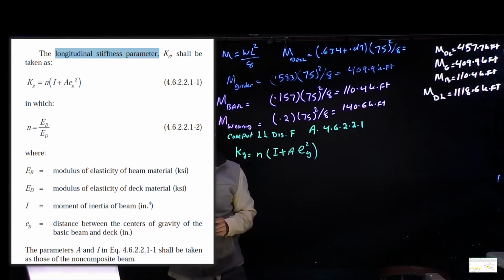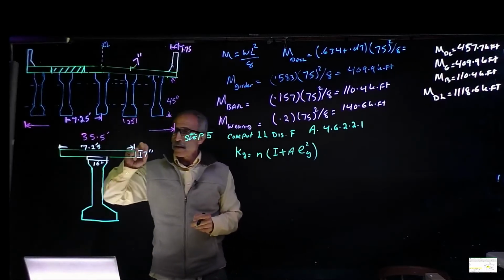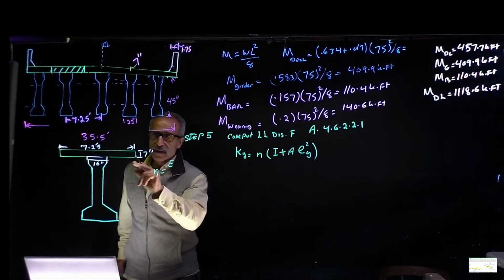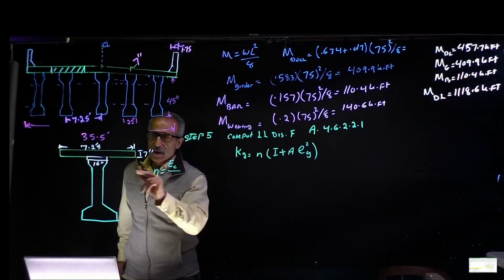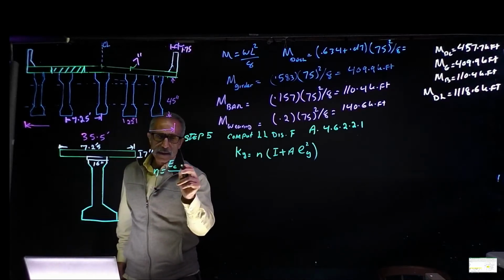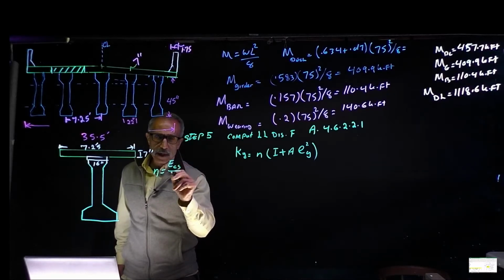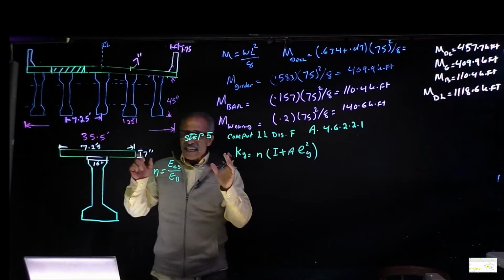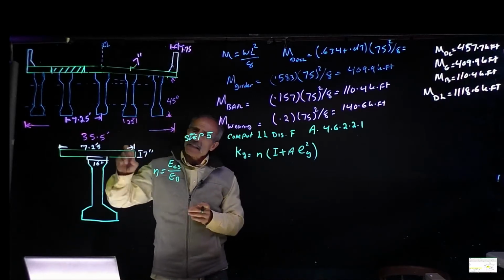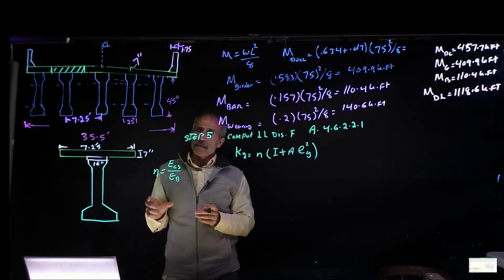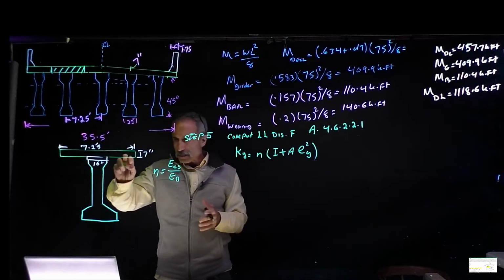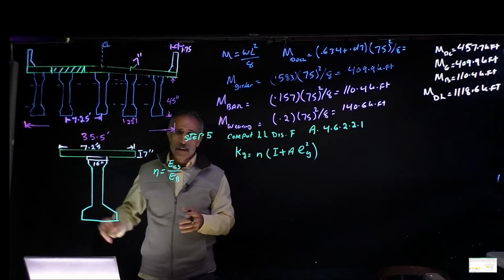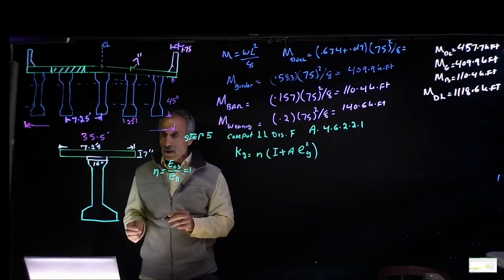Now, our n is the modulus of elasticity of the concrete over the deck, Ec of the slab or deck, divided by the Ec of the beam. In the design criteria, we said they're both 5,000, which in real life you don't do. This would be 5,000, this would probably be 8,000. But let's go with what we said. So that comes out to 5,000 each.